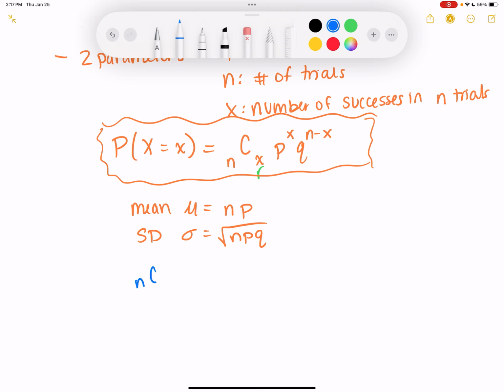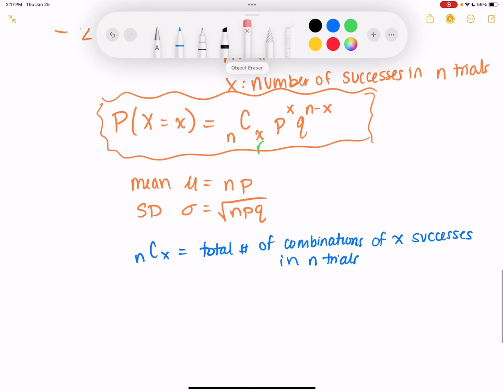But NCX is the total number of combinations of X successes in N trials. So basically, mathematically, this is equal to N factorial.